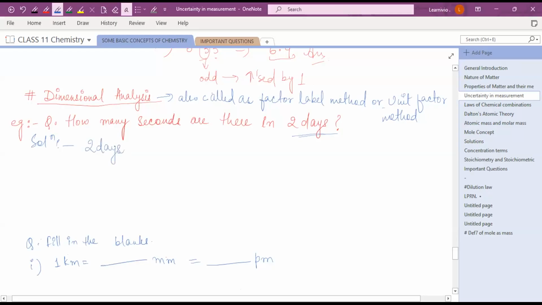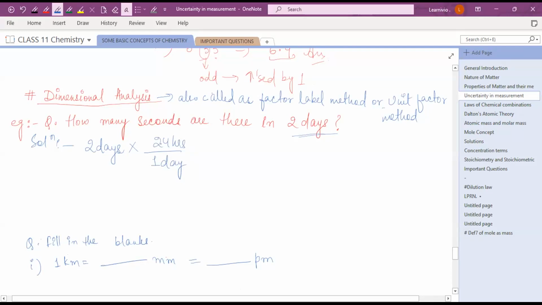First convert it into hours, after hours convert it into minutes, and after minutes into seconds. In one day, how many hours are there? 24 hours.